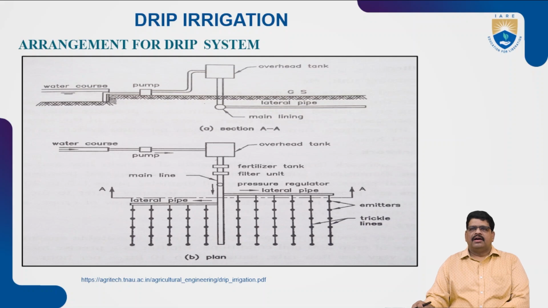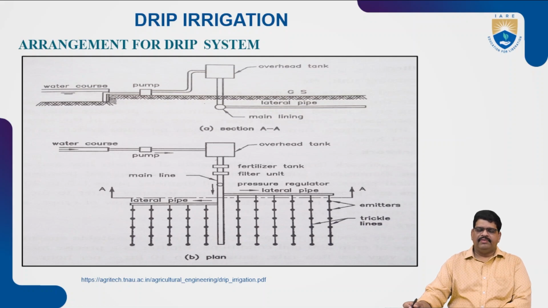In this diagram, we can easily understand by the overhead tank how the water is supplied and how the irrigation system works, which is very important here.